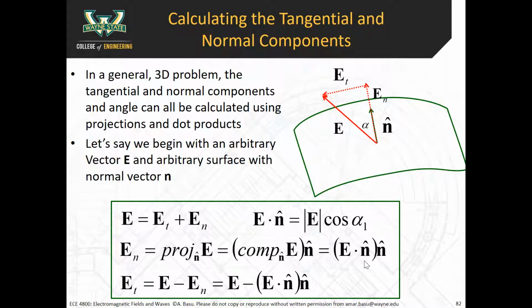All right, so E1 dot n hat is 2, 3, 4 dotted with 1 over square root of 3, 1 over square root of 3, 1 over square root of 3, times n hat.